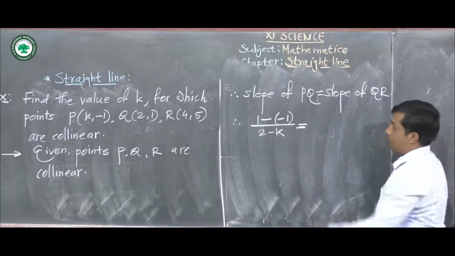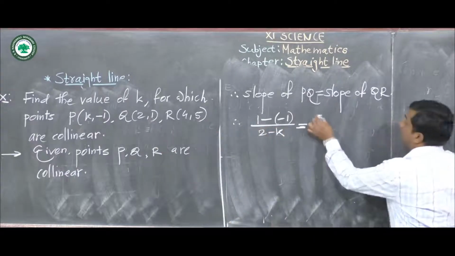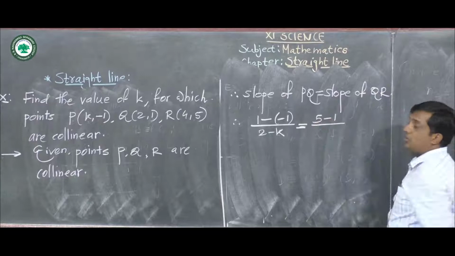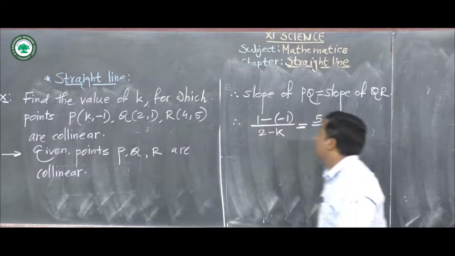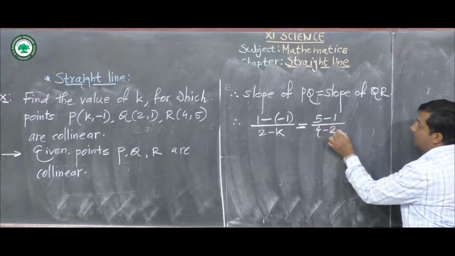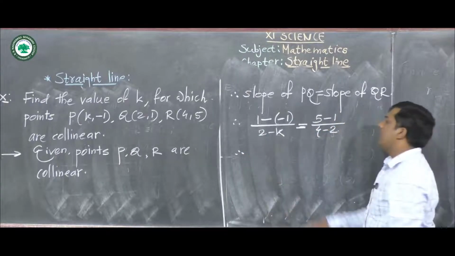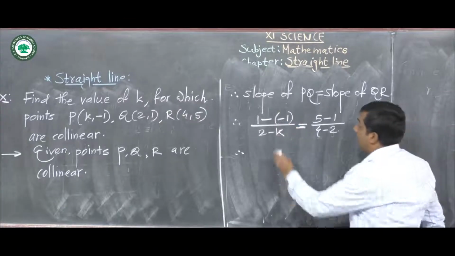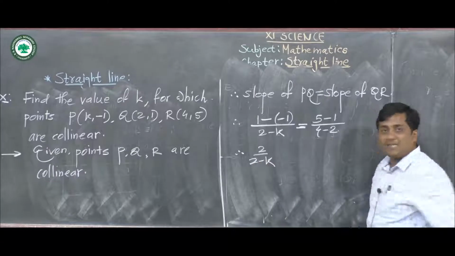So y2 minus y1 means 5 minus 1, divided by x2 minus x1 means 4 minus 2. Therefore, minus of minus is a plus and 1 plus 1 is 2, so 2 upon 2 minus k.